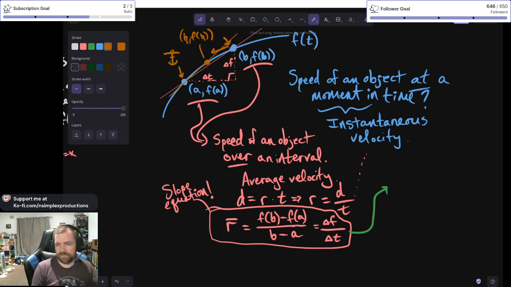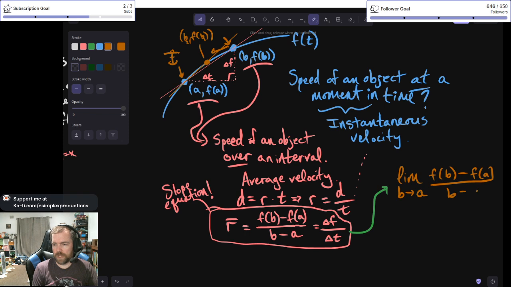It's just that now what we can do instead is say, what is the limit as b starts moving toward a of f at b minus f at a over b minus a.